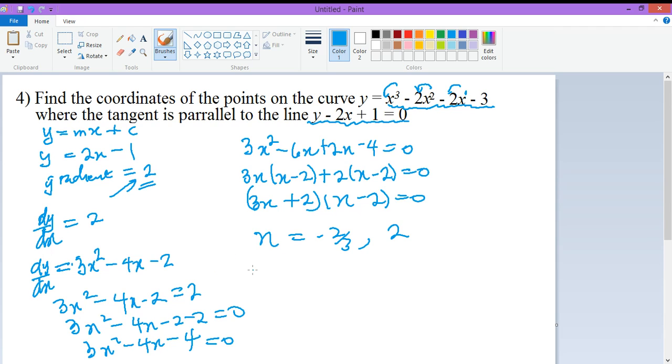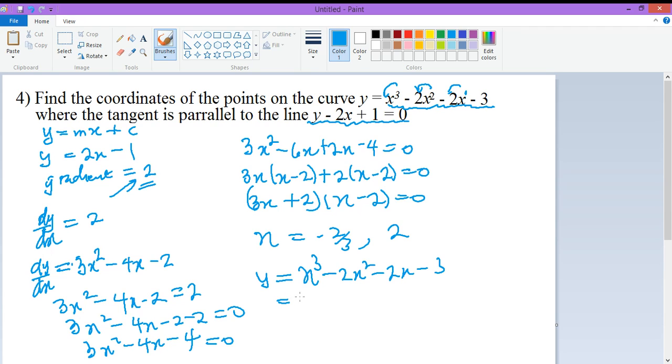And the equation is y is equal to x cubed minus 2x squared minus 2x minus 3.